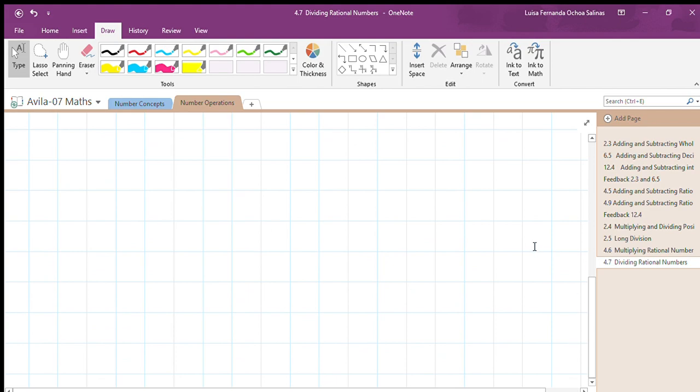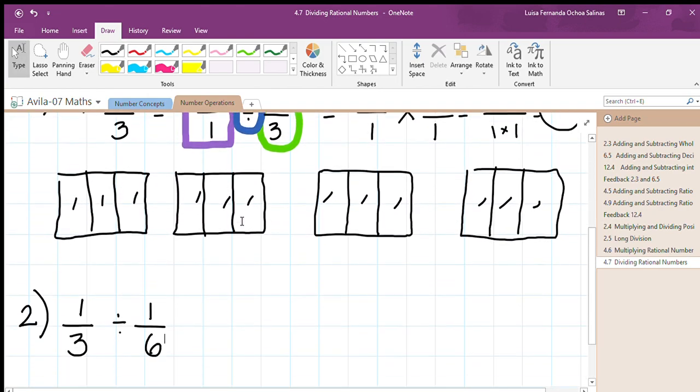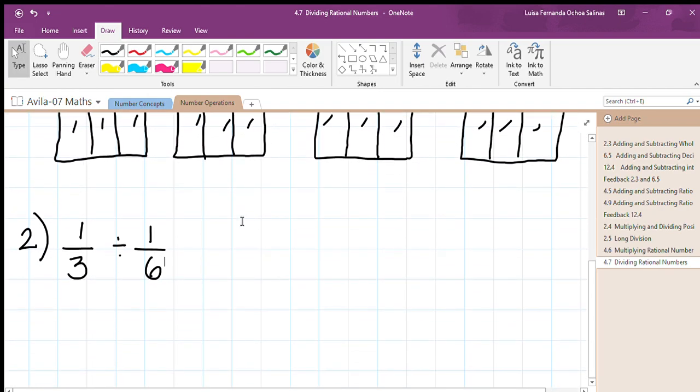So example number 2. It's going to be 1/3 divided by 1/6. Okay, I don't remember what colors I used. Purple, blue, green.